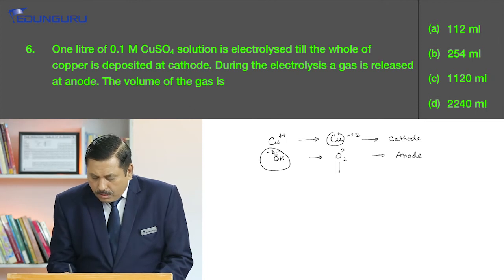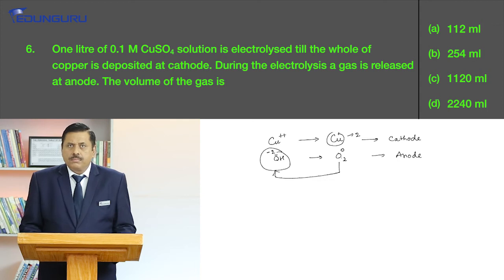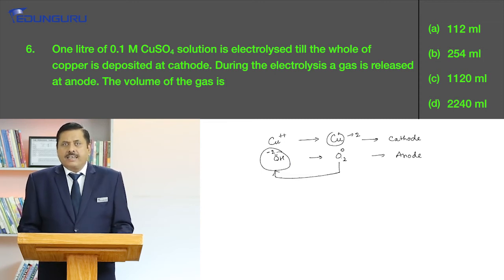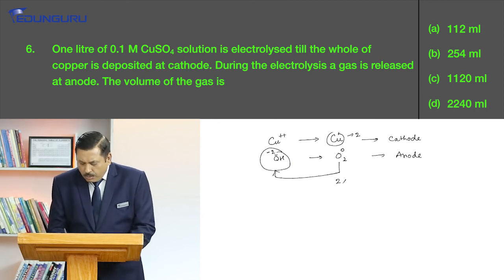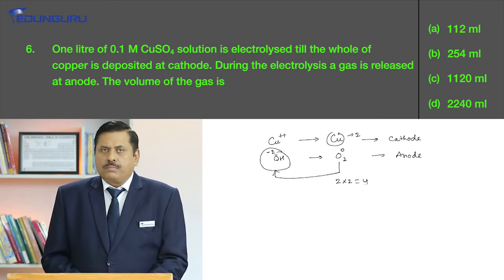So when we calculate the N factor of O2, we will see what change has taken place and how many oxygen atoms are there in a molecule of O2. Change is 2 into 2, there are 2 oxygen atoms, so the N factor is 4.